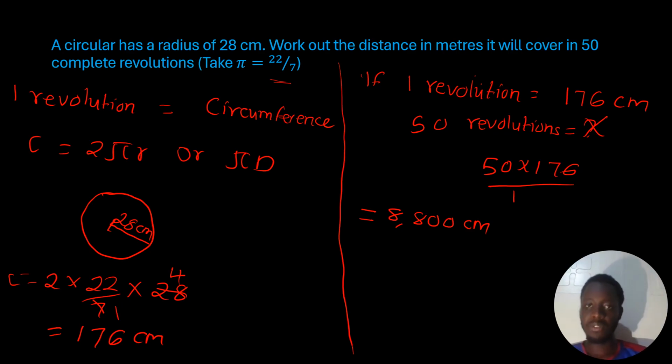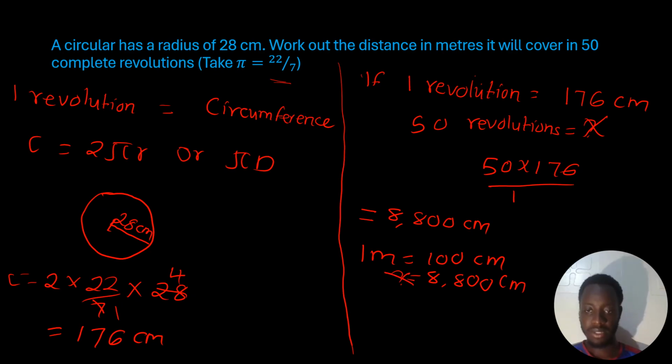And we have been asked to find the distance in meters. Okay, so you know that 1 meter is equal to 100 centimeters. So what about 8,800 centimeters?